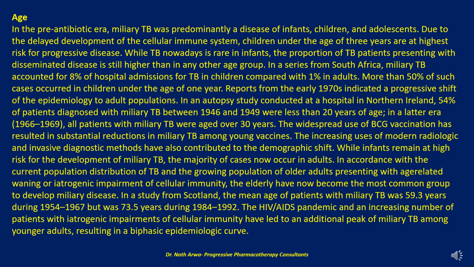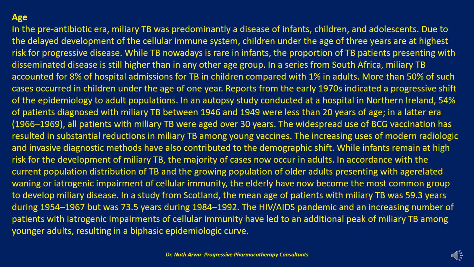In a series from South Africa, miliary TB accounted for 8% of hospital admissions for TB in children compared with 1% in adults. More than 50% of such cases occurred in children under the age of 1 year. Reports from the early 1970s indicated a progressive shift of the epidemiology to adult populations.